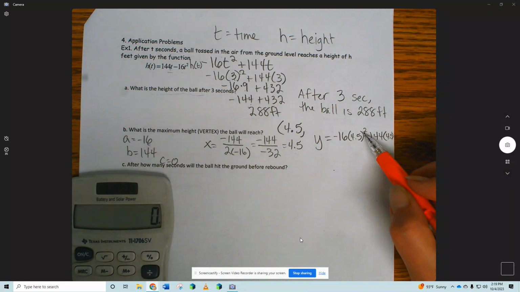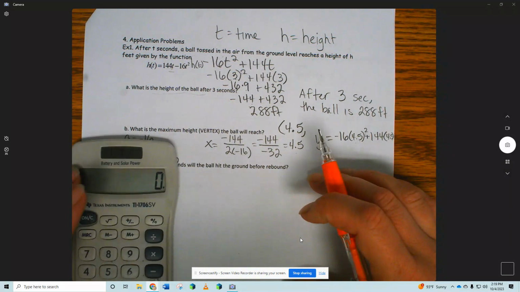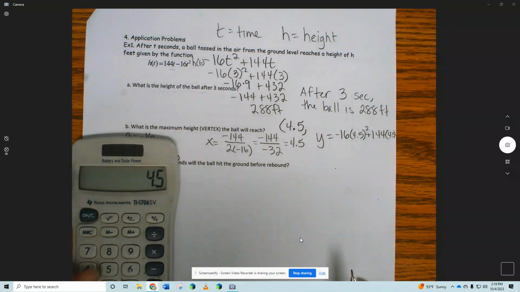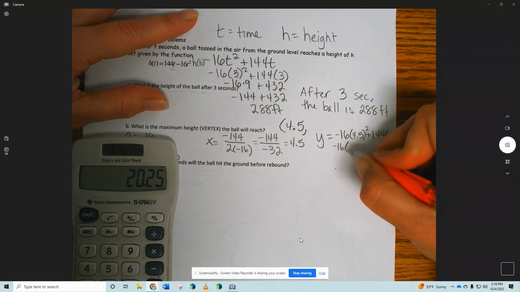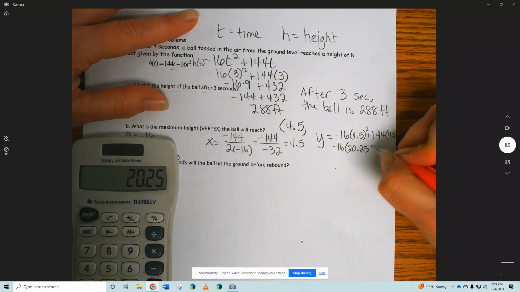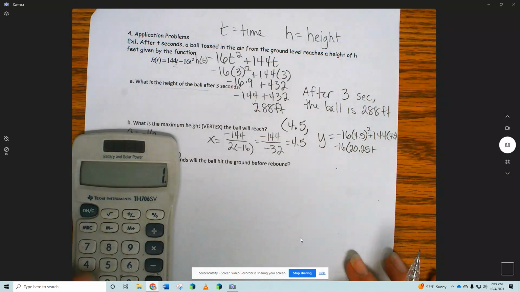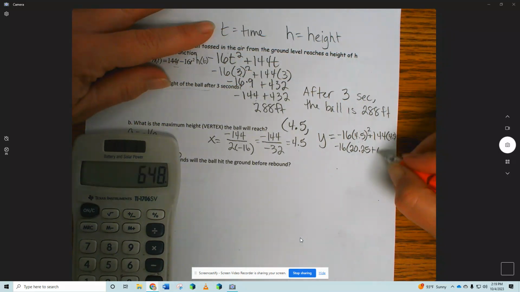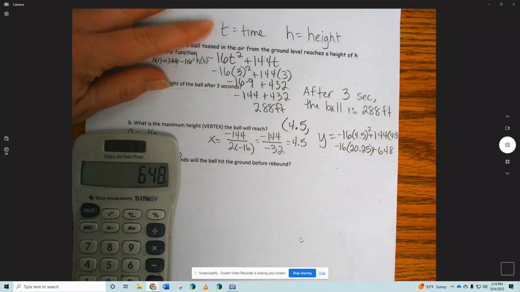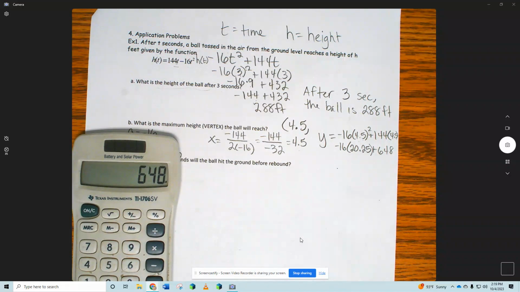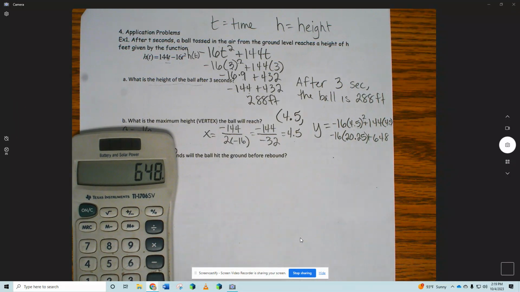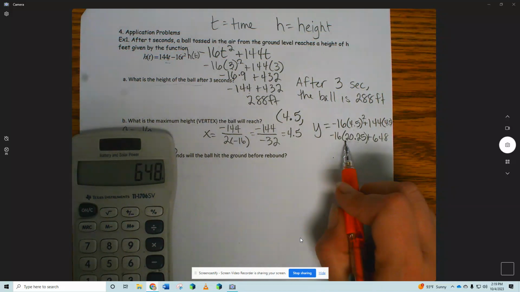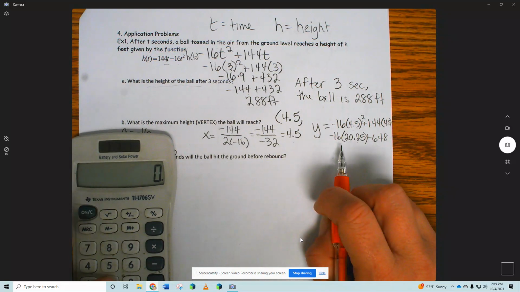I have to do the 4.5 squared first. 4.5 times 4.5. Negative 16 times 20.25 plus 144 times 4.5. 648. So this is all the things that you guys would do. I'm just doing it for you because I have a calculator. 20.25 times 16.